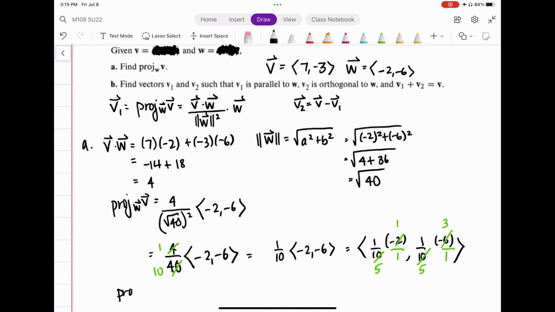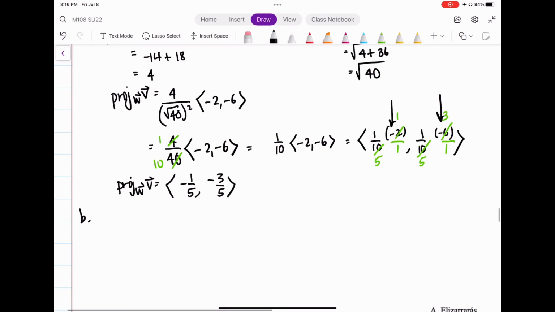We then have 1 times -1 over 5 times 1, and 1 times -3 over 5 times 1, which gives us -1/5, -3/5.